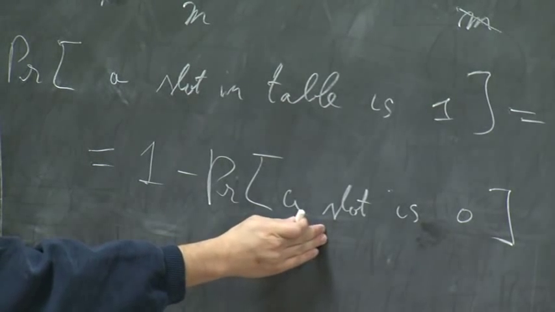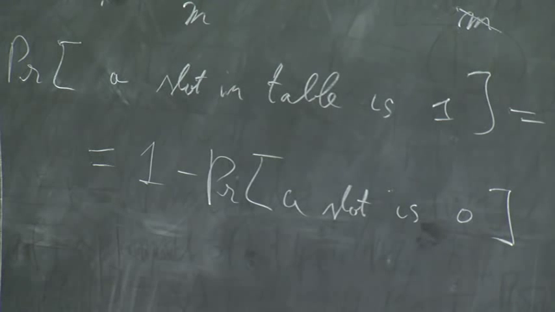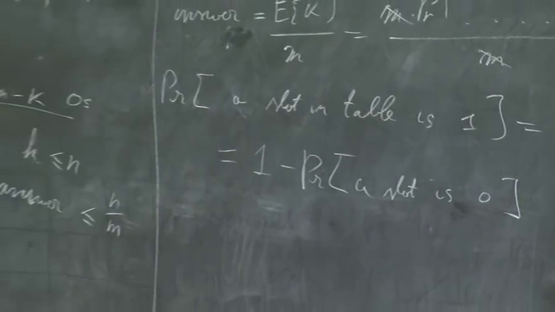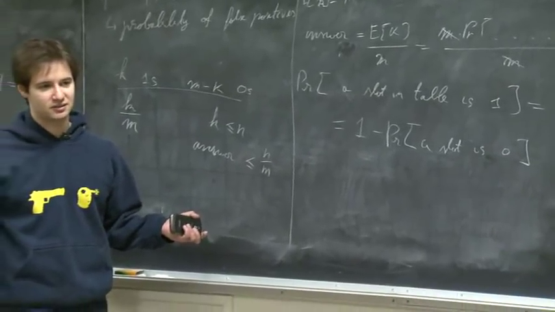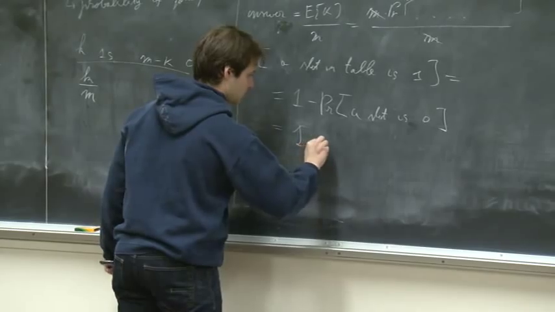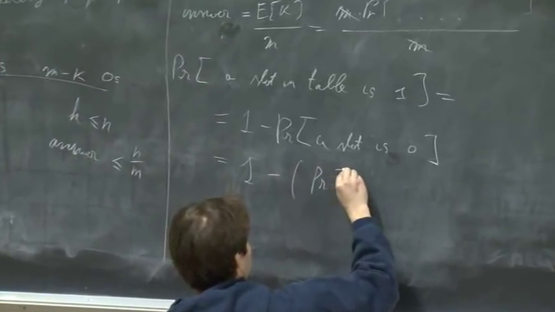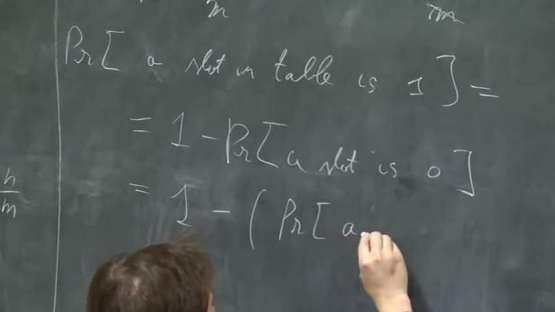Because once we're here, a slot is 0 if none of the insertions made it a 1. And the insertions are all independent. So this is like you're flipping a coin. What's the probability that after you flip it 10 times, you never get ahead? So this is 1 minus that.